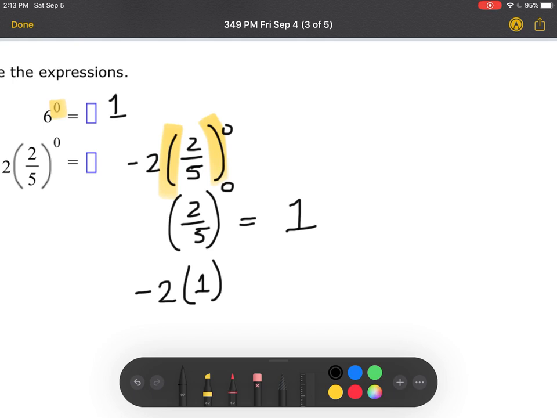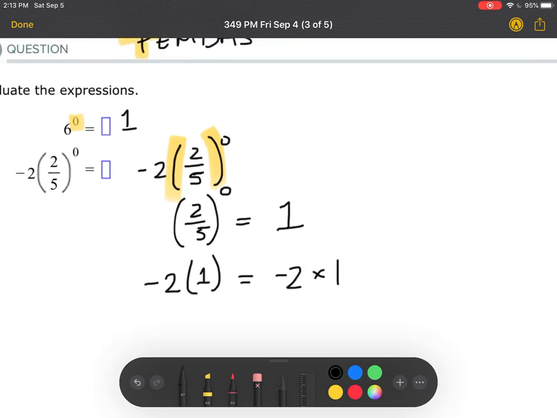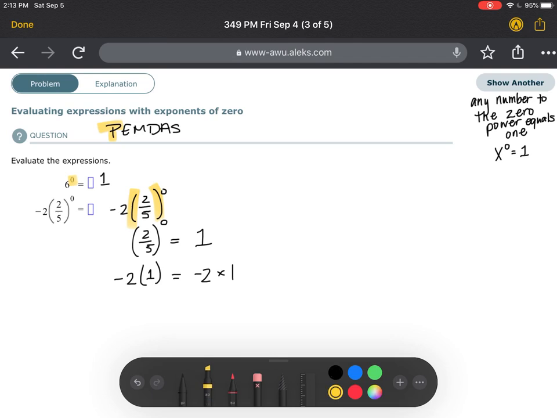That means multiply, right? So -2 times 1. Just to review, at first we evaluated what was in our parentheses to make sure that it didn't need to be simplified. That was the P in order of operations.